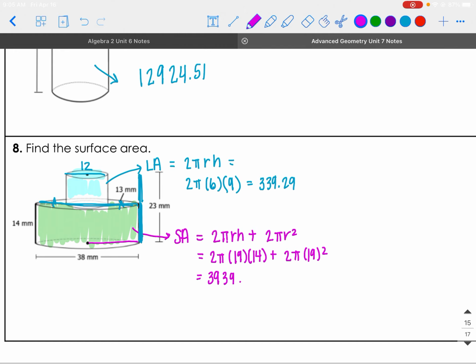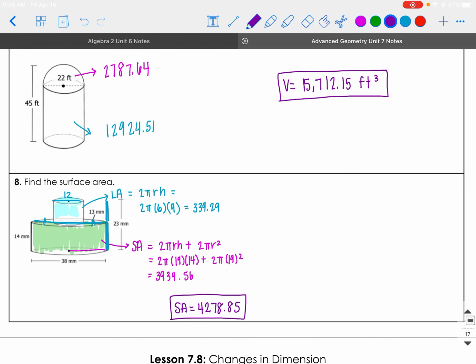And we get 3,939.56. And so the total surface area, if we add those together, is 4,278.85. So I know those surface area ones can be tricky, really, really tricky. So you have to be very careful and really think about it.